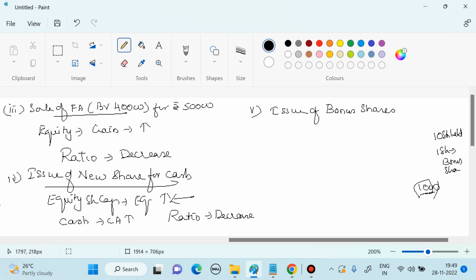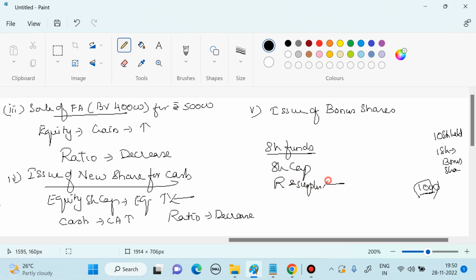But while issuing bonus shares, what happens? They are not paying money. Their liquidity is not affected. What they do is they take from their reserves, their accumulated profits, and they capitalize that. It means they convert their reserves into share capital. In shareholders' funds, what do we have? Share capital, reserves and surplus.